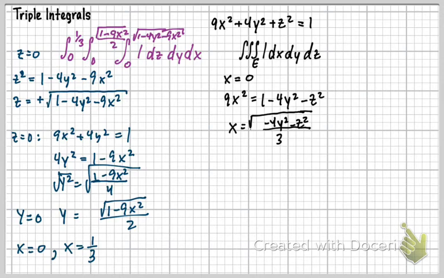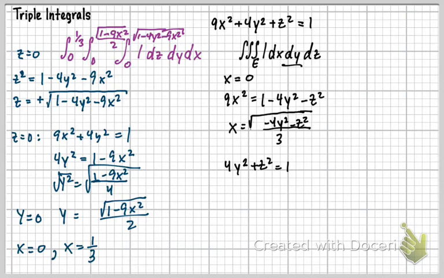Now I'm going to do the upper and lower bound for y. Now that my x is gone because I dealt with x already, it goes away in my equation. I'm just dealing with 4y squared plus z squared equals 1. Since I'm doing y next, I'm going to solve this for y.